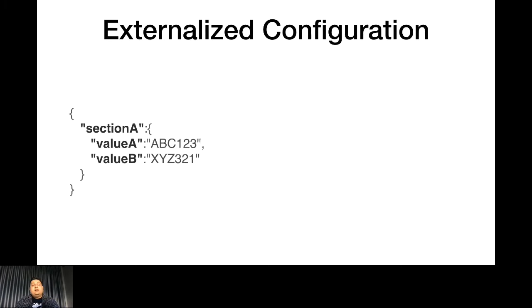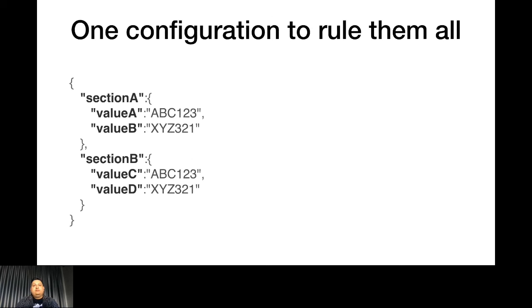But like you can see here, we also have the configuration separated into different sections. This is worth mentioning because we also believe in an approach we call one configuration to rule them all. So basically what you have is one configuration file divided into multiple sections.